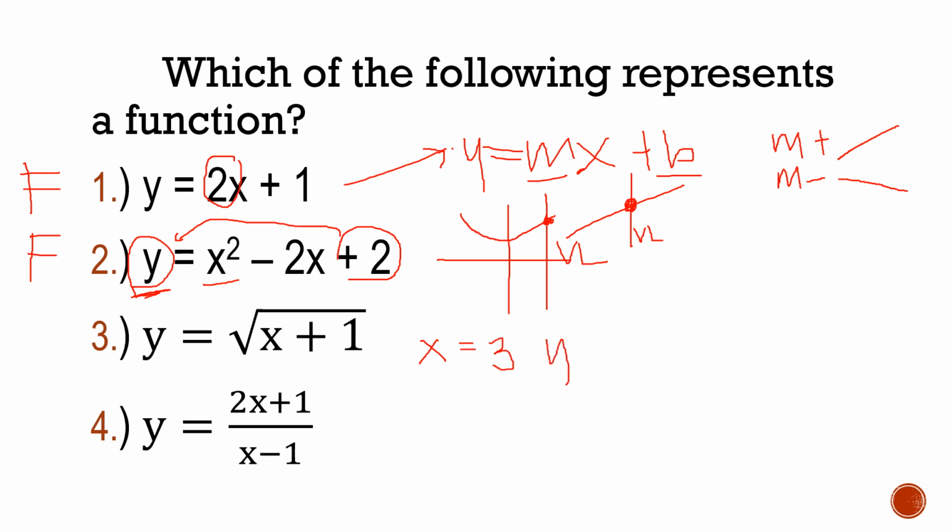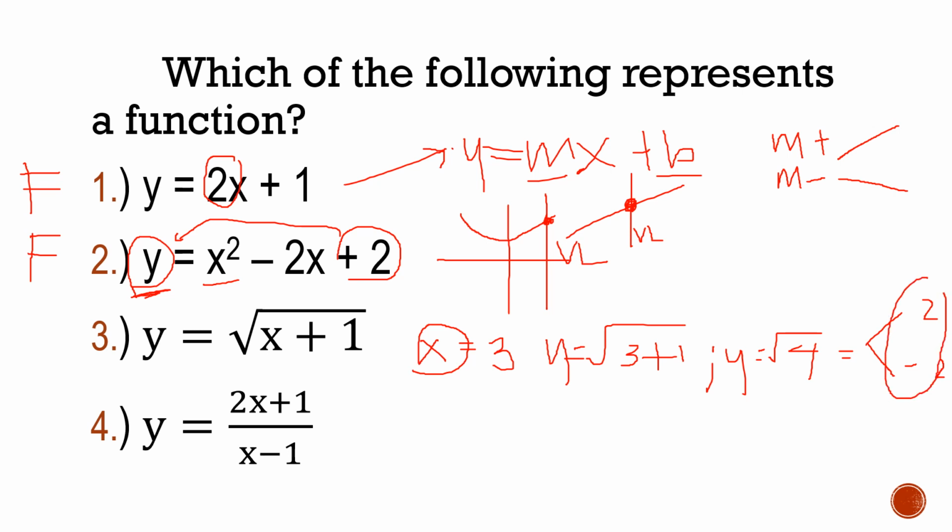So your y now is equal to square root of 3 plus 1, or simply, square root of 4. That value of x can provide you two values of y, which is positive 2 and negative 2. So meaning to say, one value of x can provide you two values of y.